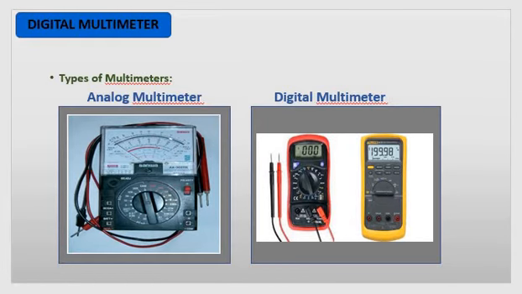The analog multimeter is also called the VOM, that is volt-ohm-milliammeter. It is constructed using a moving coil meter and a pointer to indicate the reading on the scale. The moving coil meter consists of a coil wound around a drum placed between two permanent magnets.